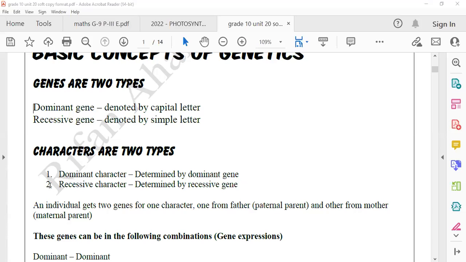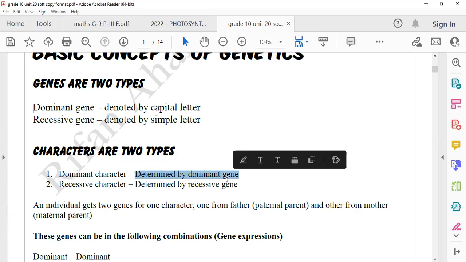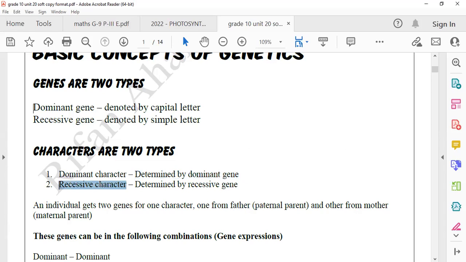Can you understand the dominant character? Yes, sir. Can you understand the dominant gene? Yes, sir. Can you understand the recessive character? Yes, sir.